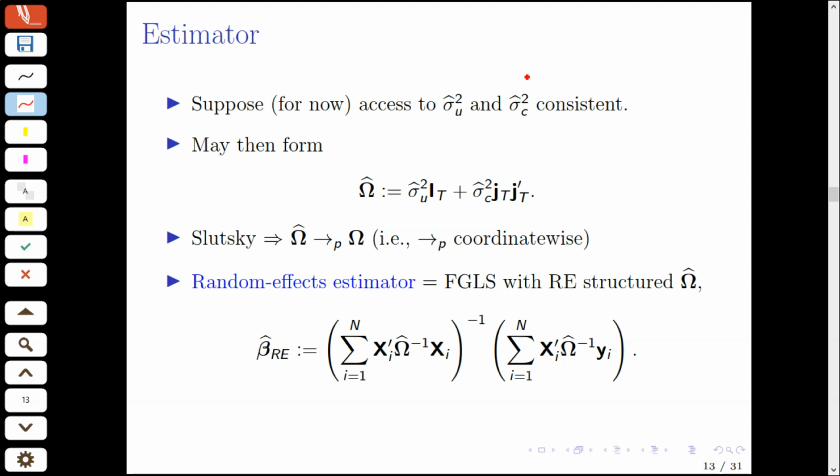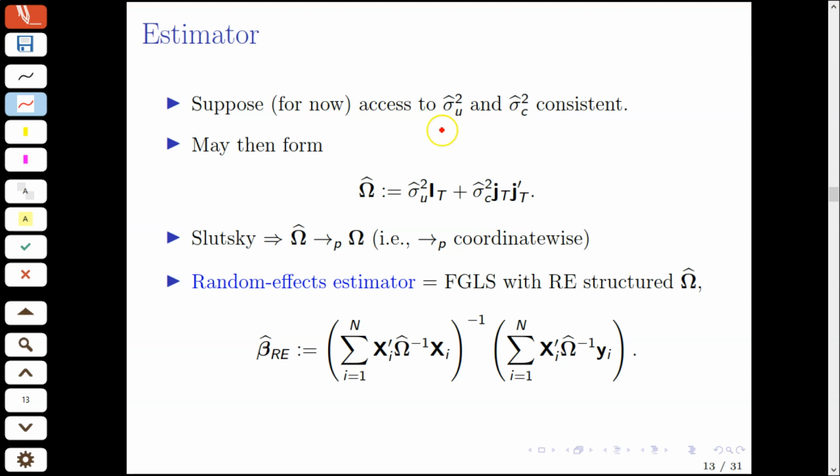Then, as suggested by the random effects form of the composite error variance, we can construct an estimator, call it omega hat, mimicking the form by simply substituting these variance component unknowns with consistent estimators. In that case, Slutsky's theorem implies that this variance estimator is consistent for omega, in the sense that it converges in probability to the right term, coordinate by coordinate.